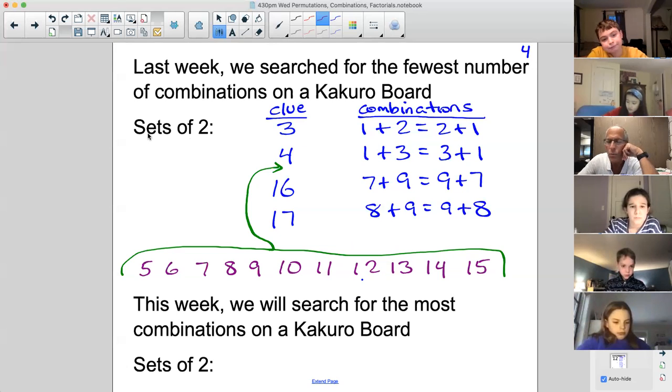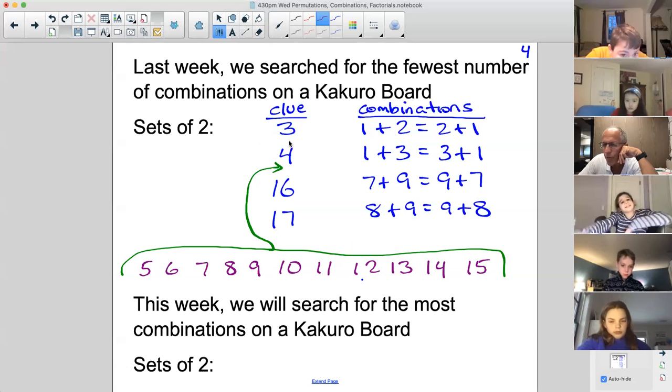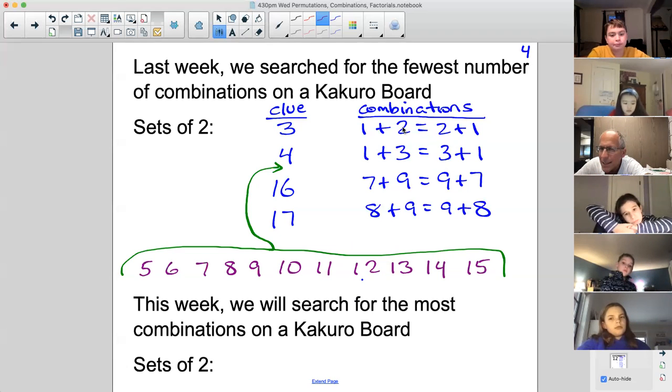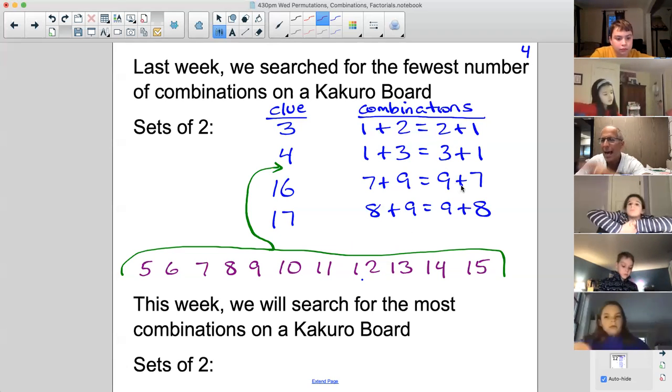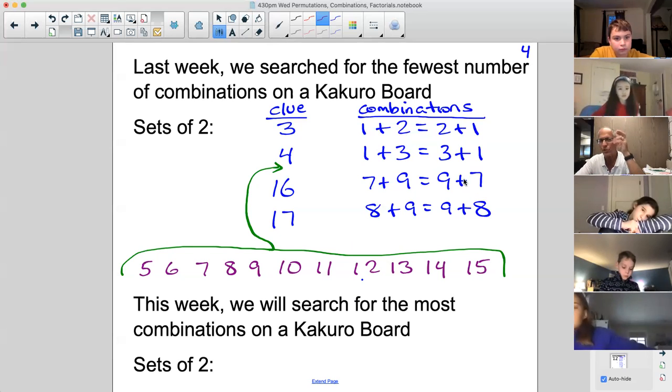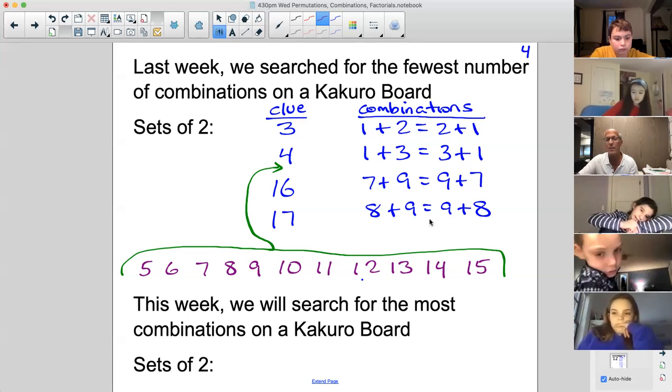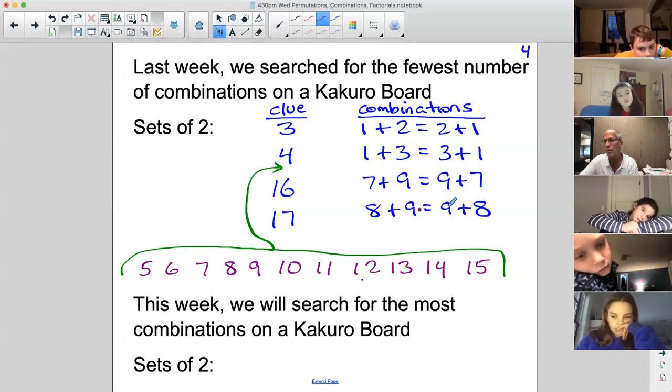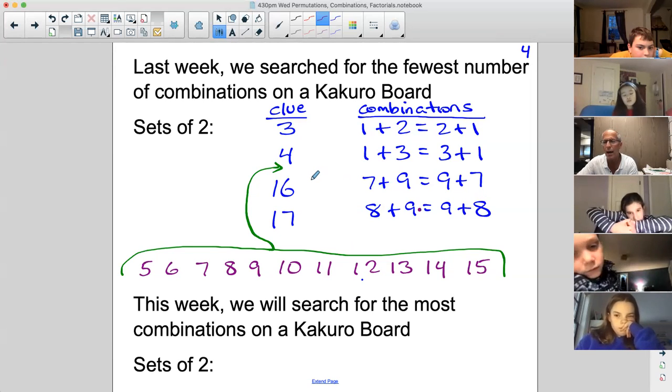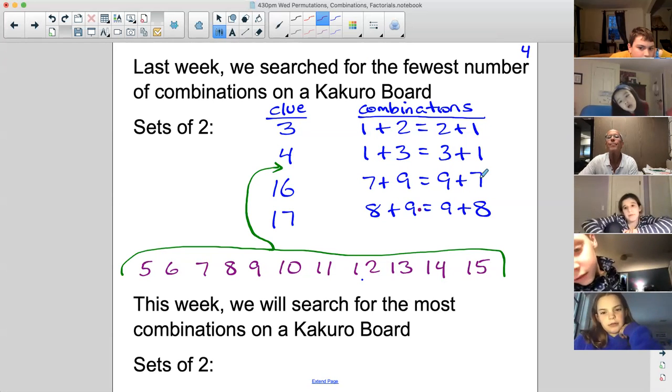But we only wanted sets of 2 that had a clue of 3, 4, 16, or 17. Those were the only sets of two that had only two different solutions. So for instance, do you remember that Mark told us that 17 could be 8 plus 9 or 9 plus 8? What about the number 16, guys? Say it out loud. 7 plus 9, 9 plus 7.